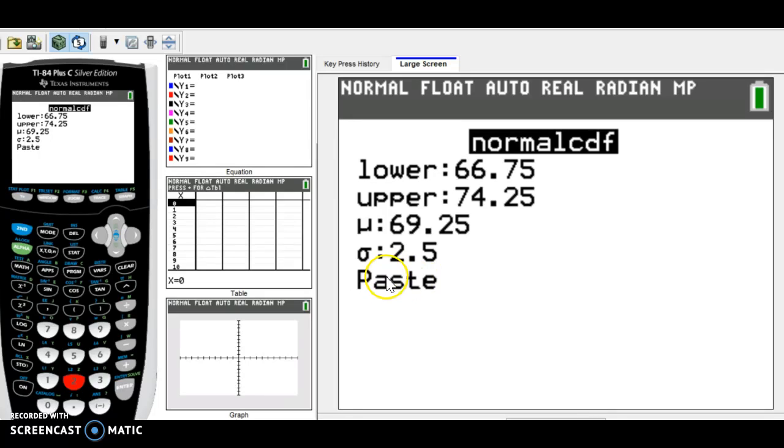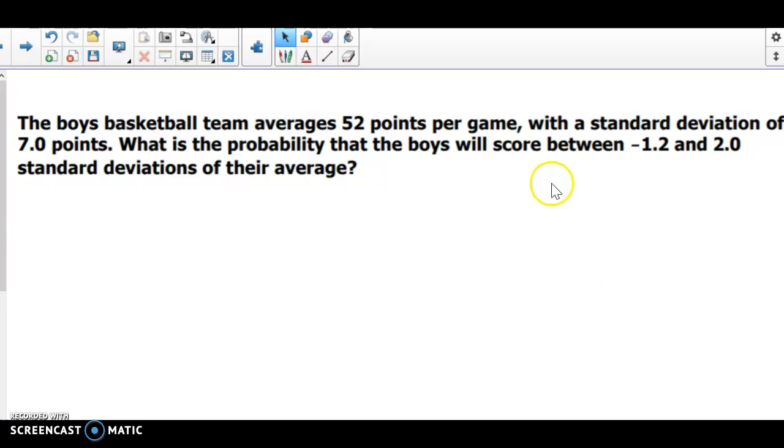It said that the average was 52, the standard deviation was 7. The probability that the boys will score between negative 1.2 and 2.0 standard deviations. So we need to know what those numbers are.